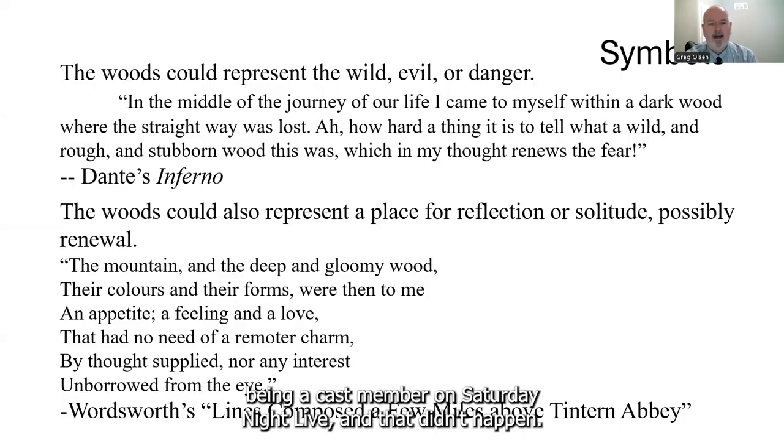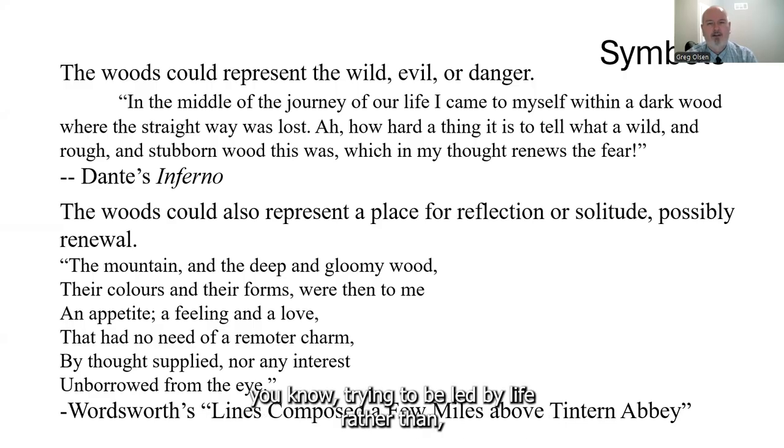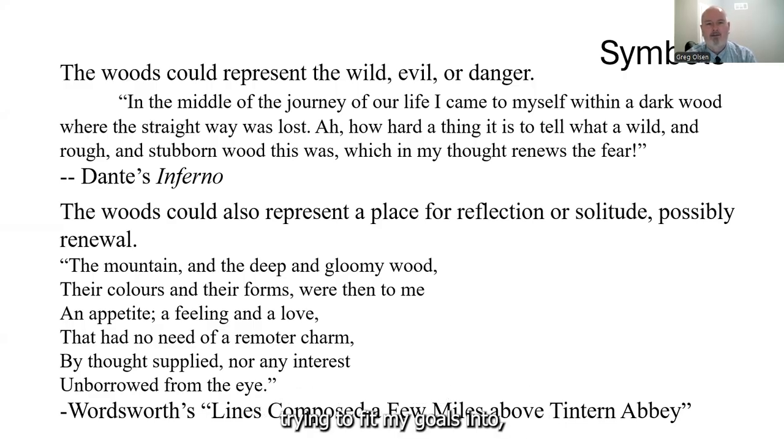And that didn't happen. Instead, life had other paths and other avenues for me to take. And so in my mid years, it's kind of this stubbornness, trying to be led by life rather than trying to fit my goals into what I'm experiencing currently.